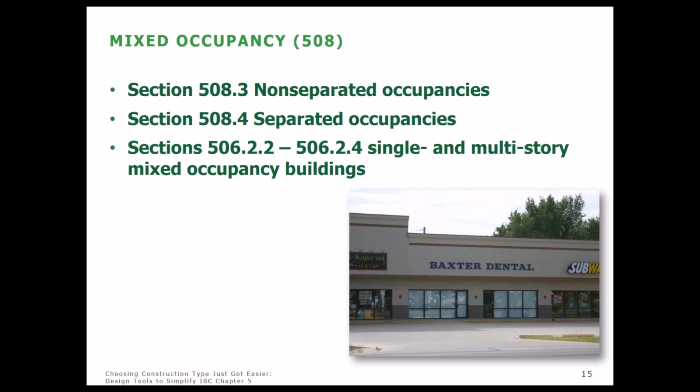No other particular fire resistance separations required. 508.4, however, if you can't fit into the non-separated, you can put a fire resistance rated separation between the occupancies in accordance with Chapter 5, that section 508.4. Do your sum of the ratios exercise to make sure it works. Ricky will touch on that a little more clearly. And then also, of course, you've got the multi-story calculation, which is the same kind of deal.